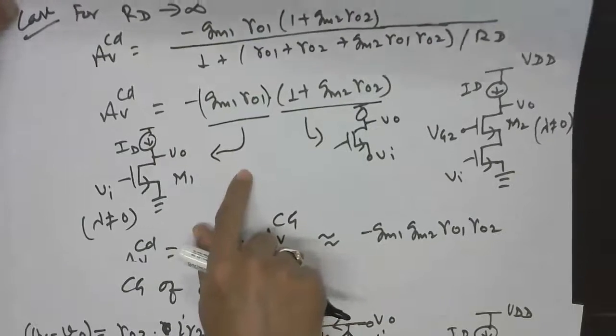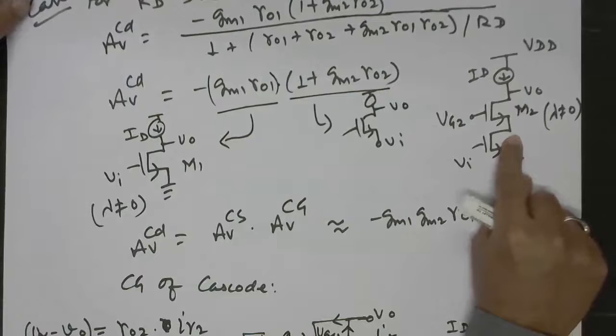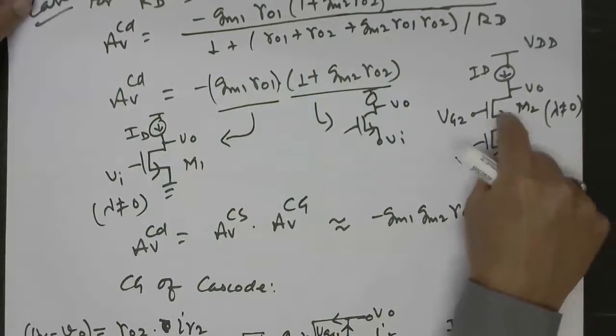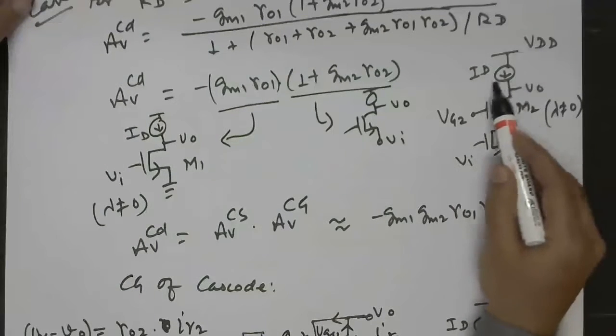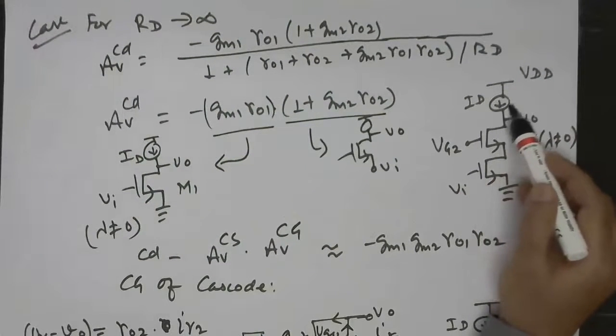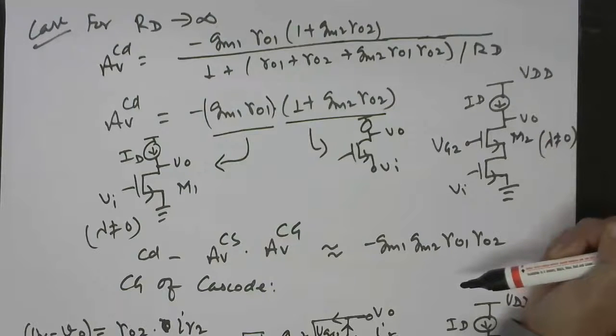Right. So now this example, or this case, says that this configuration can be used to get significantly larger gain compared with any of the CS or CG amplifiers, provided RD is very large, right? So what we have done here is substituted RD by an ideal current source. So this is fine when you are talking on paper, but when you go for implementation, this has to be substituted by a current source with very large output resistance.